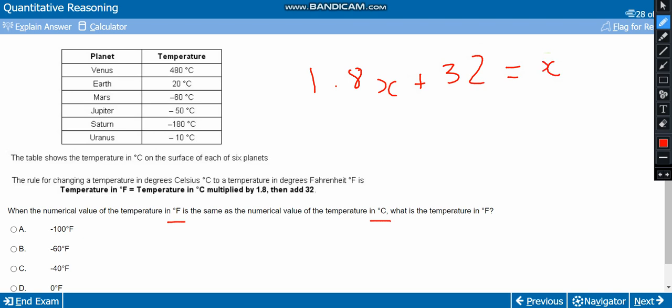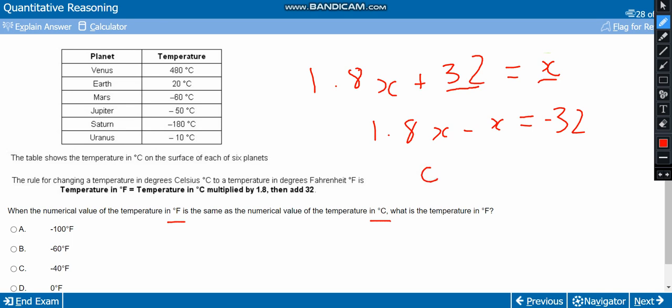So this question is about rearranging the formula to find x. So we can bring x to one side. So we do that by subtracting the 32 to the right-hand side and subtracting the x to the left-hand side.